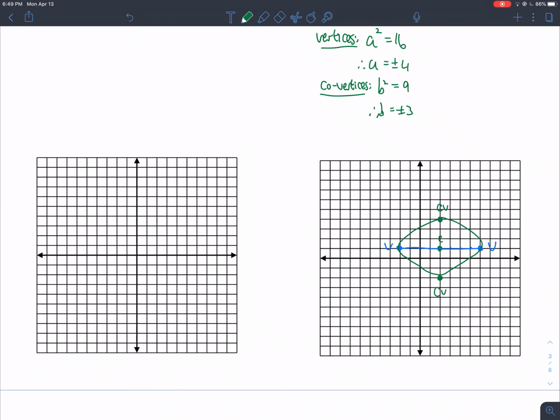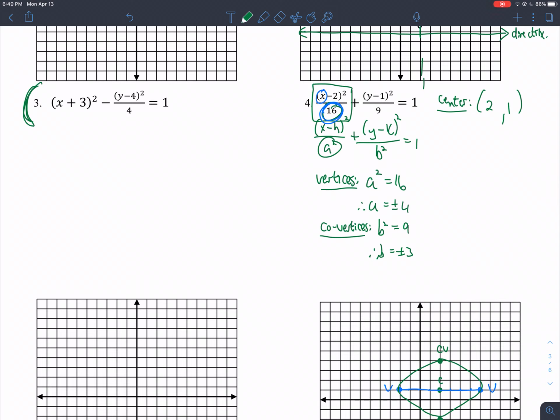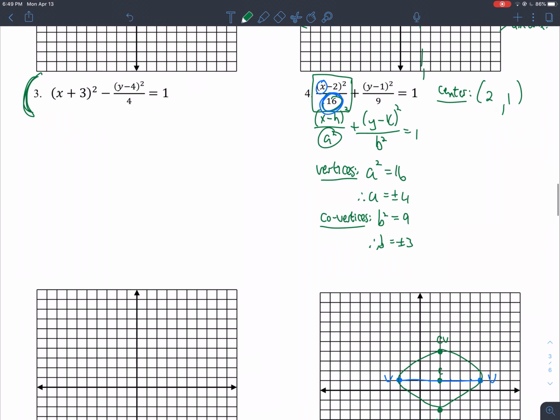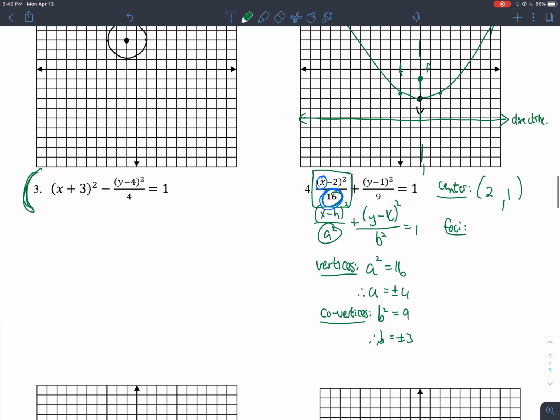Something like that. And there's one missing piece, okay? And that is the foci. So foci, and here again is a formula. We have c squared equals a squared, but because the ellipse formula is plus, this is minus b squared.